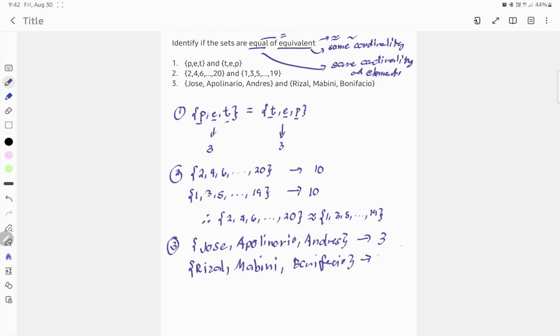The cardinality is also 3. However, even in context, we could say that Jose Rizal is the name, Apolinario Mabini, they are just the same. But there could be other Joses, like Jose Laurel, Apolinario Santos, Andres Mula. So I think we can say that these two are equivalent sets.